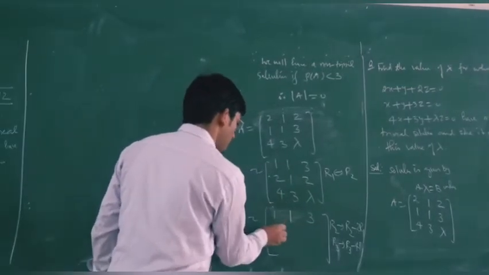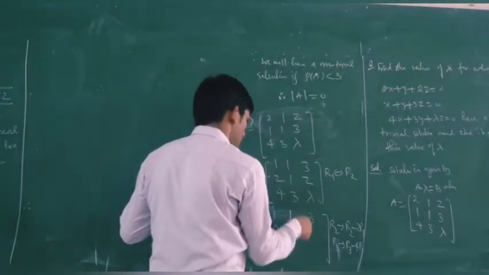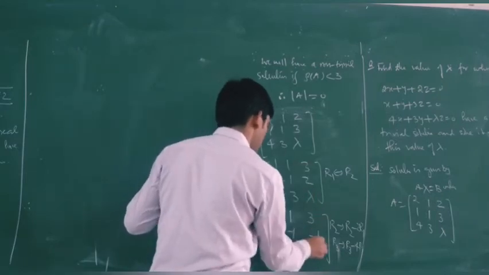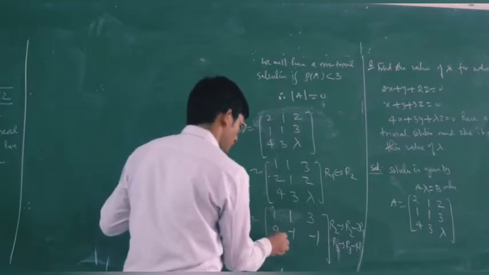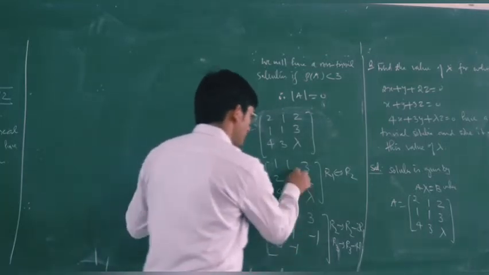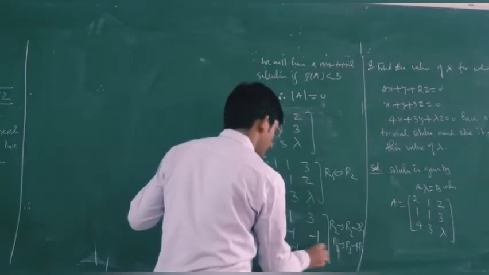The second row will be 0, now this minus 2 will be minus 1, 2 minus 4 will be minus 1. Then 4 minus 4 will be 0, 3 minus 4 will be minus 1, and this will be lambda minus 12.